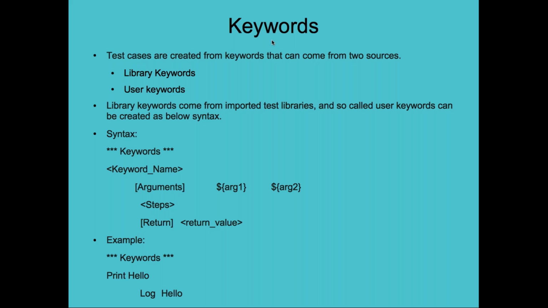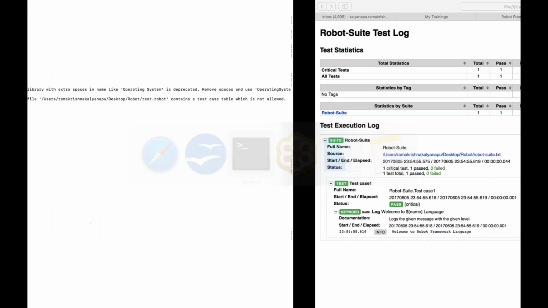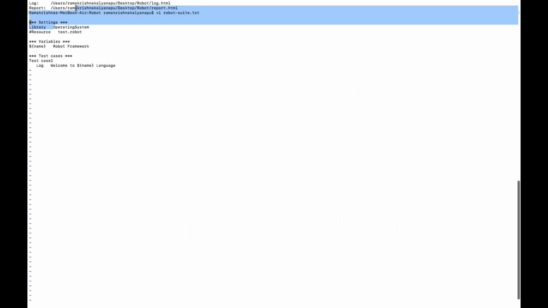In keywords there are two types: one is library keywords and the other is user keywords. So what are library keywords and what are user keywords? Let's say you are importing a library in the settings block. In settings, I am importing the library operating system.